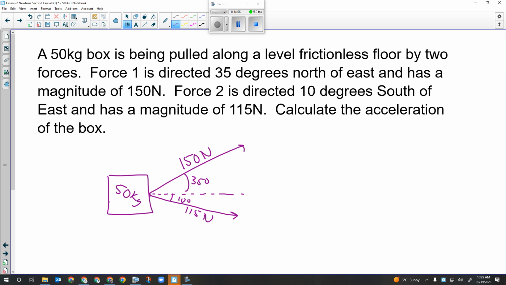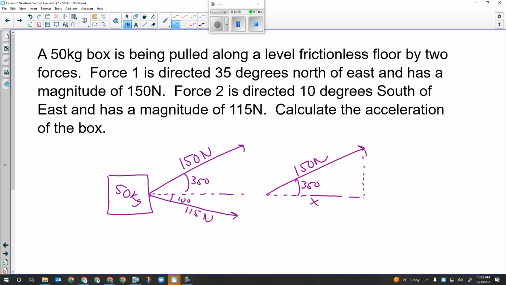Because from there, the resultant is going to represent my net force, because it'll be the vector sum of my two forces. Okay, so I'll draw my first vector here. So this was the 35 degree one, 150 newtons.